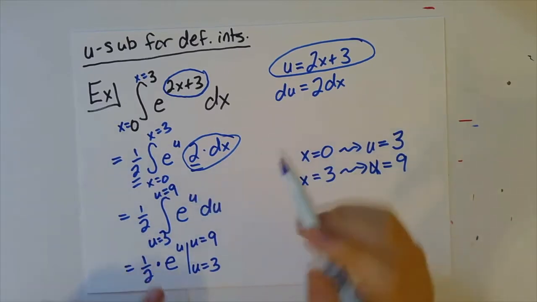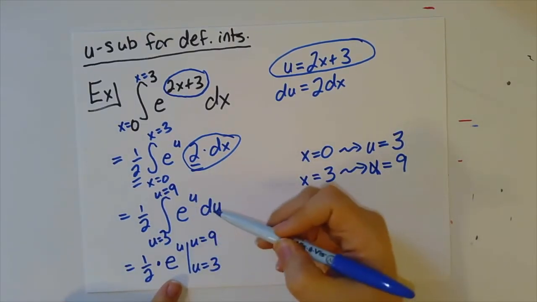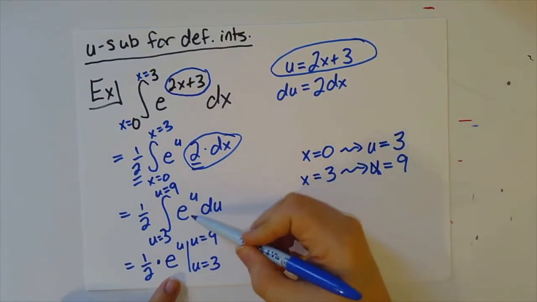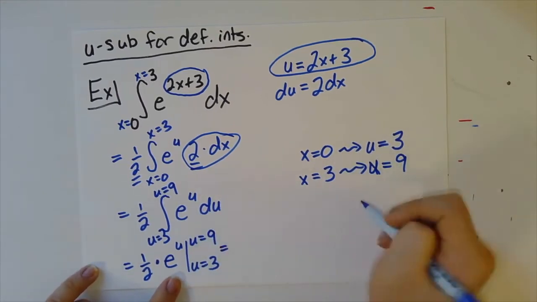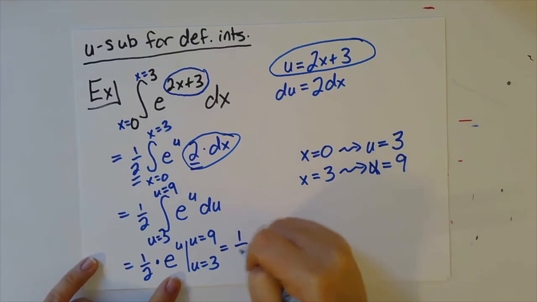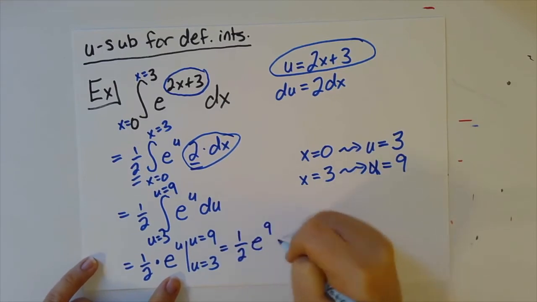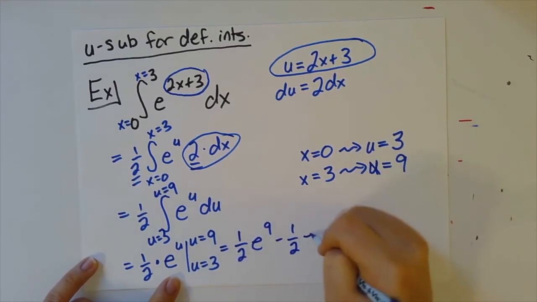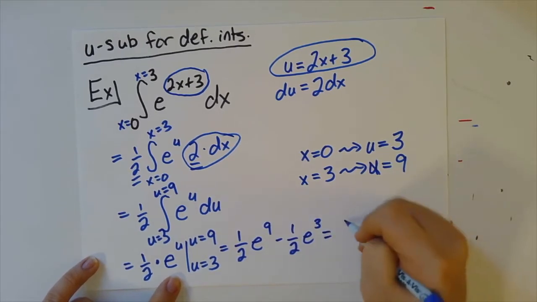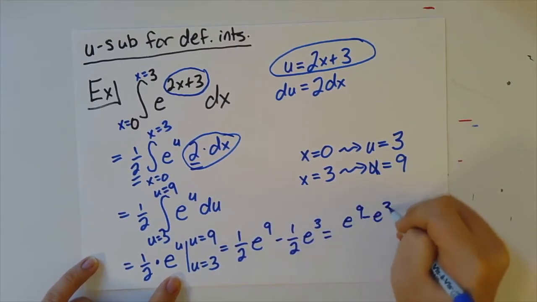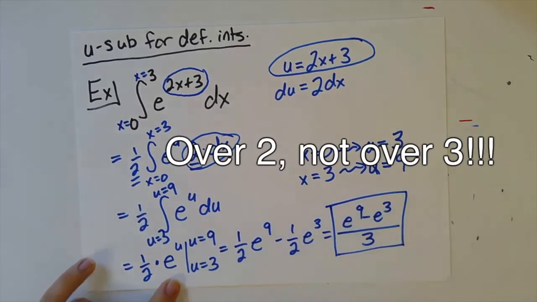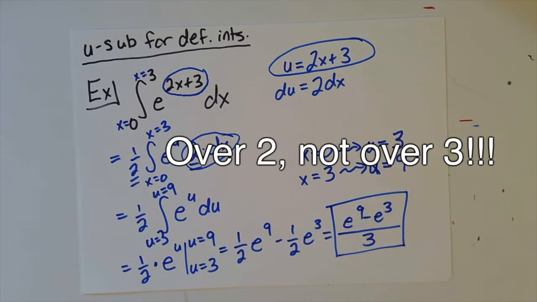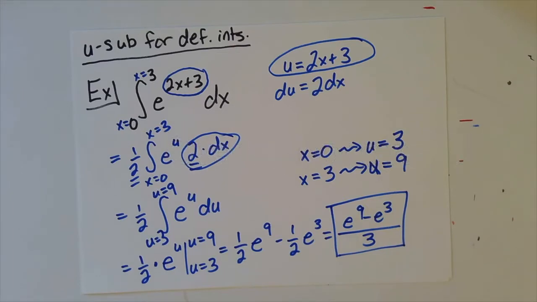Note, it's not that I didn't remember to take the antiderivative, it's that the function whose derivative is e to the u is e to the u. And so this is going to become 1/2 of e to the 9th minus 1/2 of e cubed, or if you want, it is e to the 9th minus e cubed over 2. Okay, that is our answer for this definite integral.